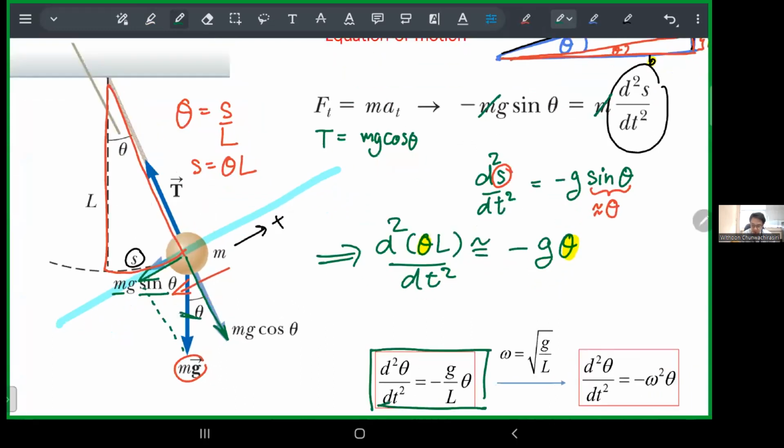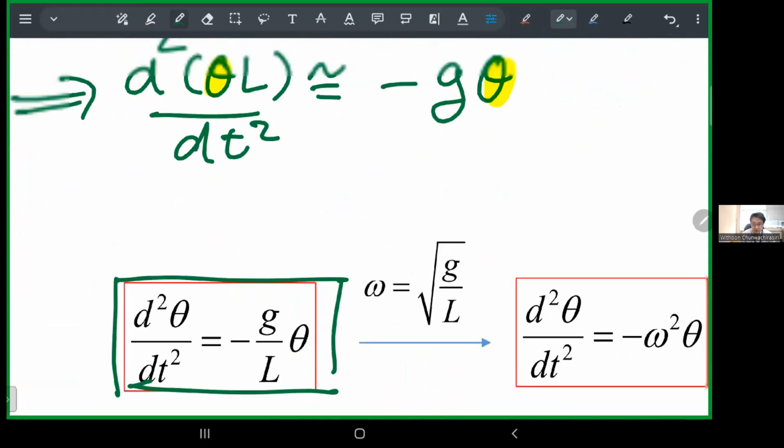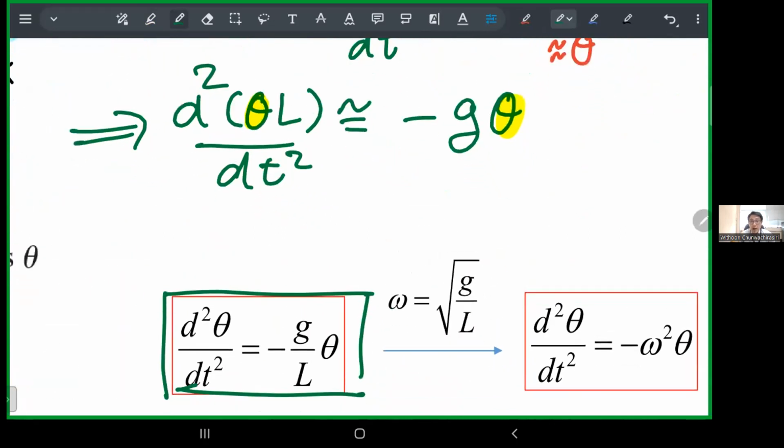Does it look familiar to you guys? When you see this, you don't have to do anything anymore in your life. You can tell right away, it's a simple harmonic motion. Why? You want to figure out the theta that gets differentiated twice, gets back the original with a negative sign. What else could it be?